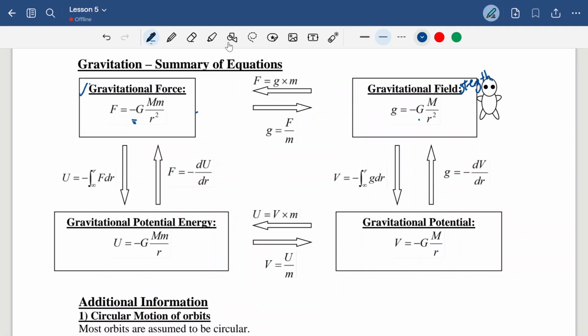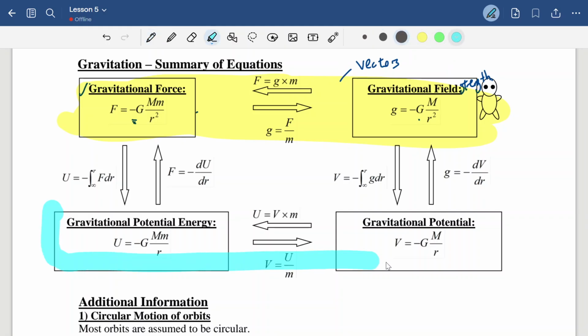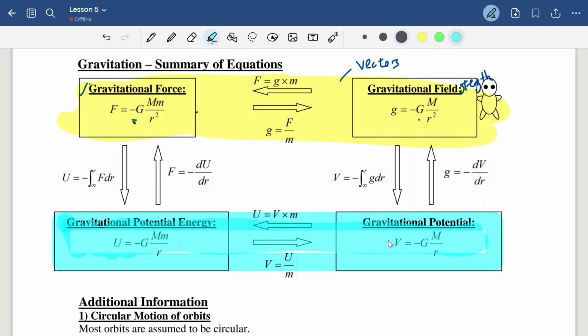This is potential. So you can see that above here, these are vectors. At the bottom, everything that is here, these are scalars.